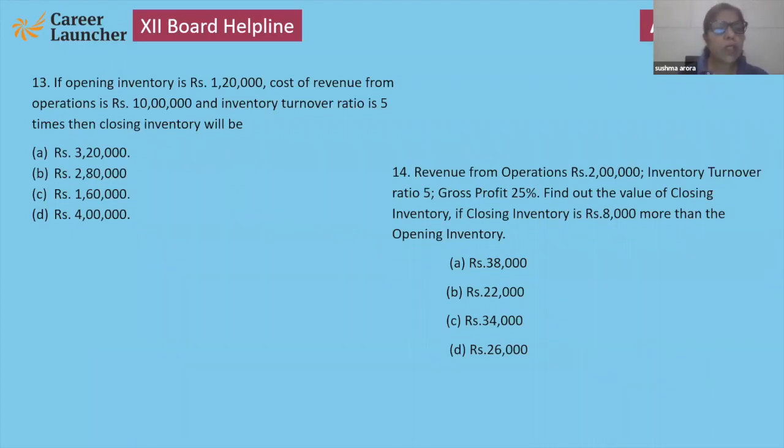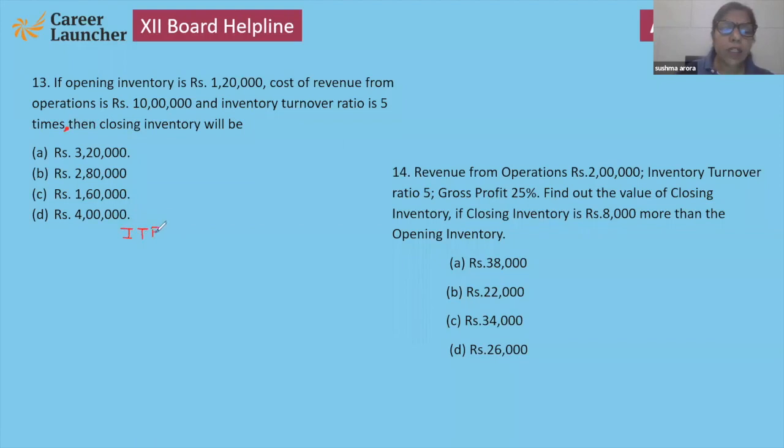Okay, so now see, the question is here: opening inventory is 1,20,000, Corfo is 10 lakh, inventory turnover ratio is 5 times, then the closing inventory will be. Now here I am going to give you a very easy way.